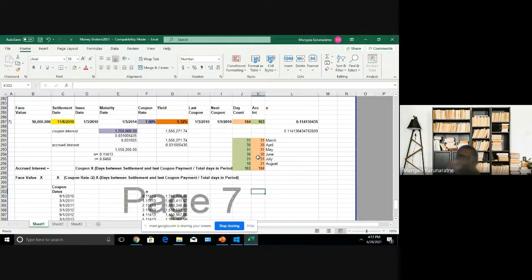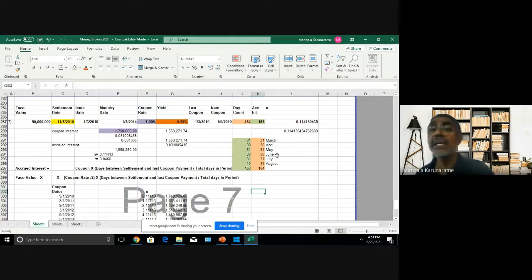So we need to know the fraction which applies for this 21 days. If 184 days is 1, then 21 days is what?